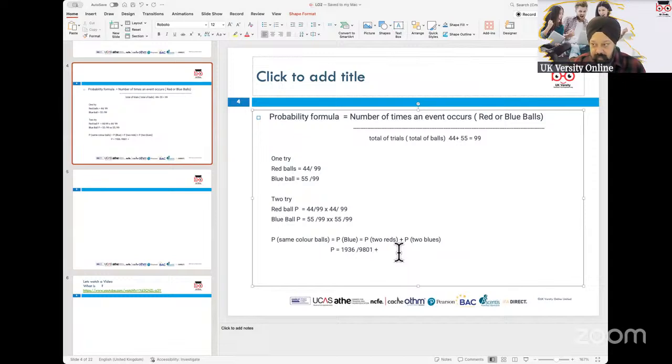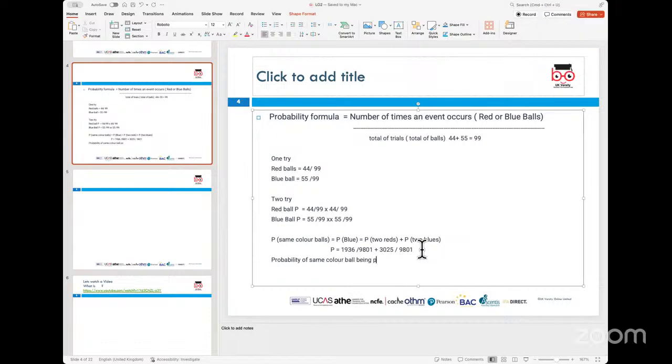Plus you have 55 into 55. So I'll do this on the calculator, 55 times 55, and that's 3025, divided by, we know 99 into 99 is 9801. So that will give you the answer of the probability of same color balls being picked by Rahim.